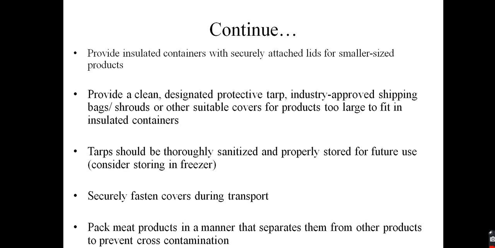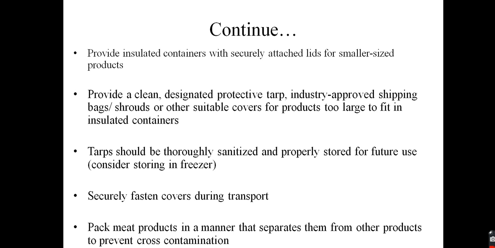During the transportation, one thing is most important: you must provide an insulated container with a securely attached lid for small size products. When transporting different types of product in the same container, you must have small portions for each product.